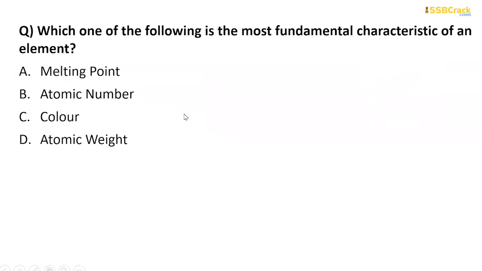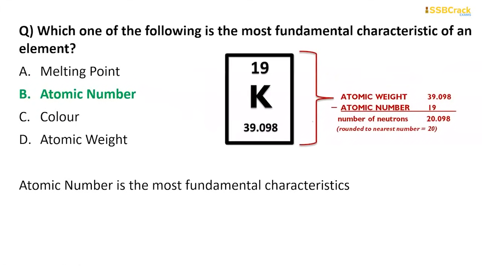Next question is, which one of the following is the most fundamental characteristic of an element? So the correct option for this is B, atomic number, because two elements can have the same melting point, they can have the same color, even they can have the same atomic weight, but there is no chance for two elements in the universe to have the same atomic number.